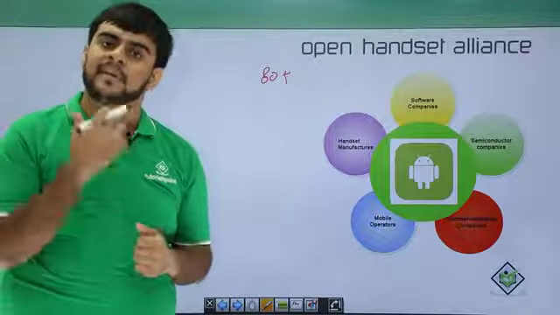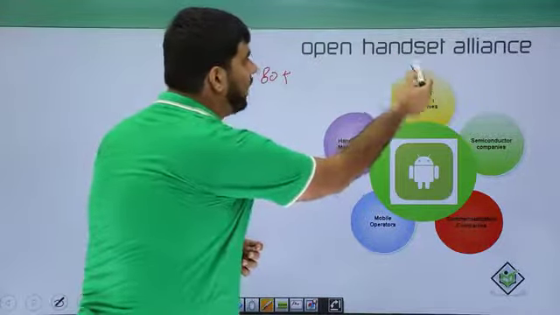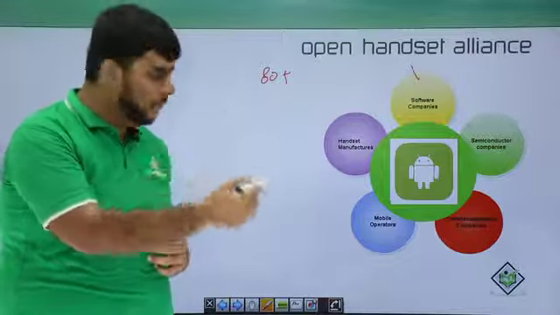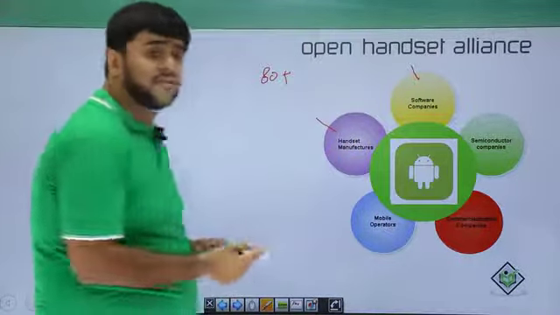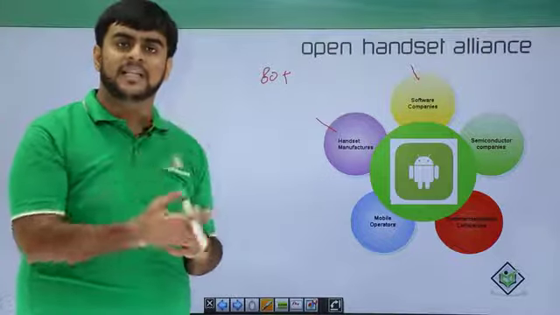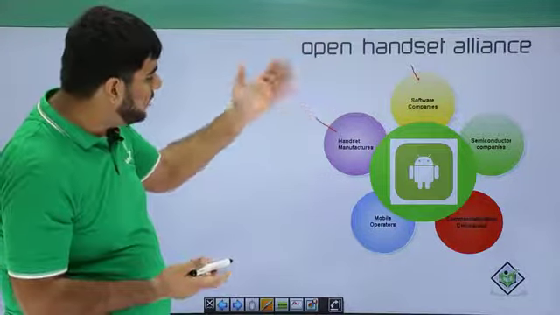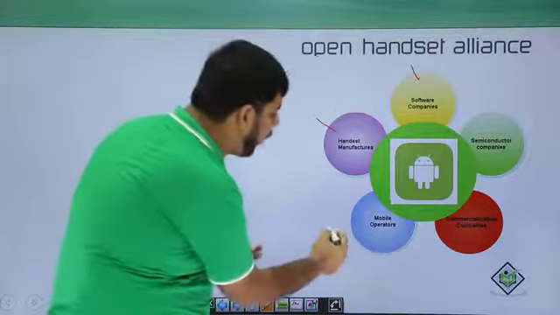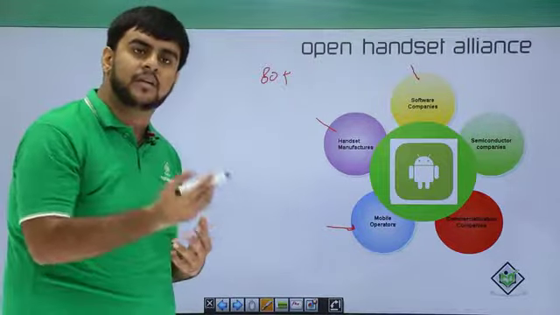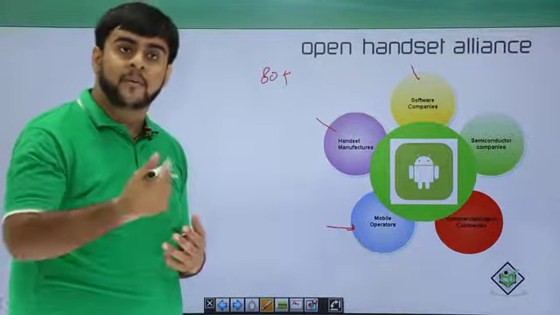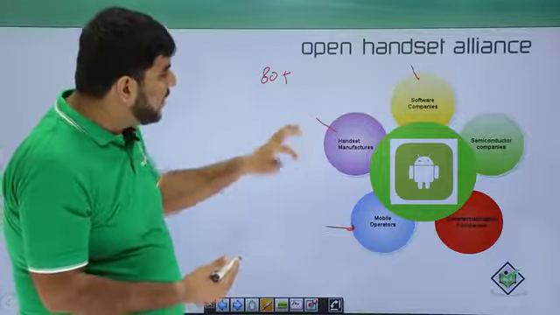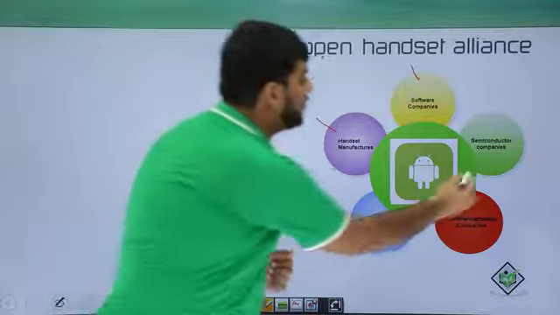Now, what are these companies? These companies are software companies like Google, eBay, then some handset manufacturers, Samsung, Xiaomi, LG, HTC, clubbed in with mobile operators like Airtel, Vodafone, AT&T, Verizon, all coming together with some semiconductor companies.